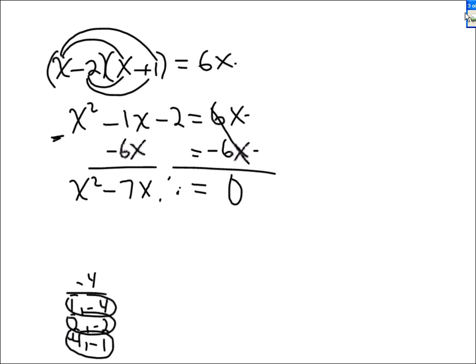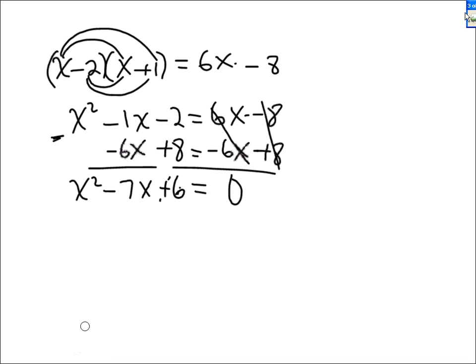Instead of plus 2, I want to have minus 8. Which means I'm going to add 8 to both sides. Negative 2 plus 8 is 6. Now, instead of the undoable that we just had, I think this one's doable.